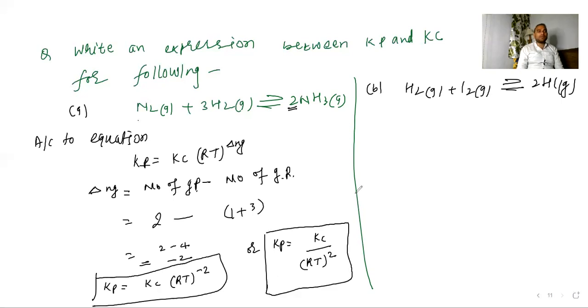Similarly, you tell me for the B equation. Please try to solve for B. Kp is equal to Kc RT power delta Ng, and delta Ng is the number of gaseous products, which is 2, minus the gaseous reactants, which is also 2, so it will be 0.